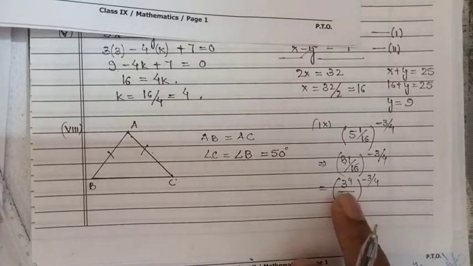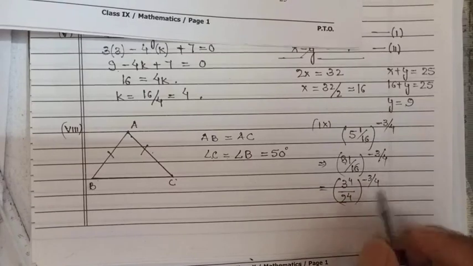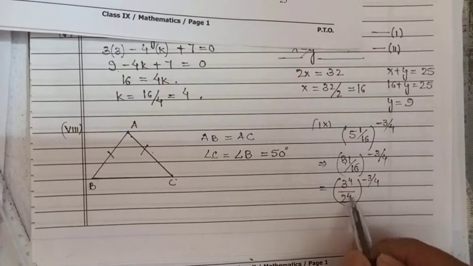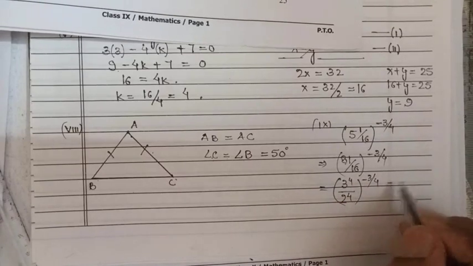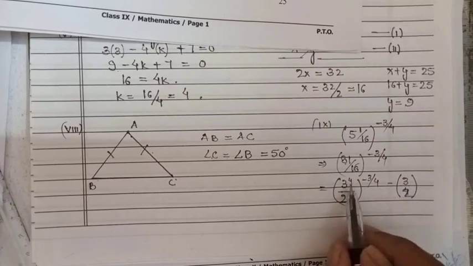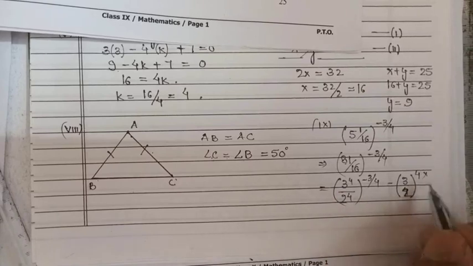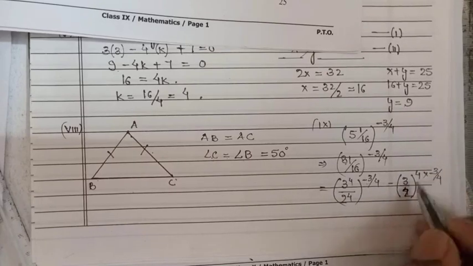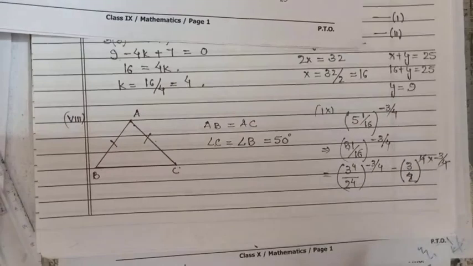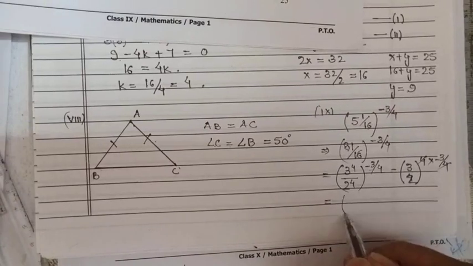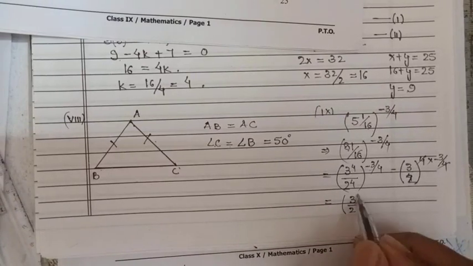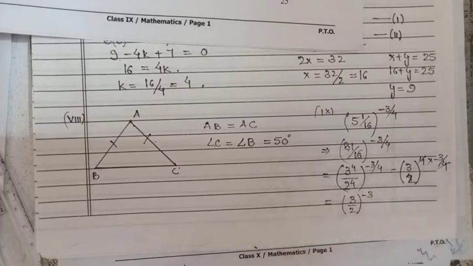Now when we open the bracket, you can take power 4 common from here. So if you take power 4 common, you will be left with 3 upon 2. Now power 4 common, and initially we had power minus 3 upon 4. 4 and 4 will cancel out, so you are left with 3 upon 2 with negative power.